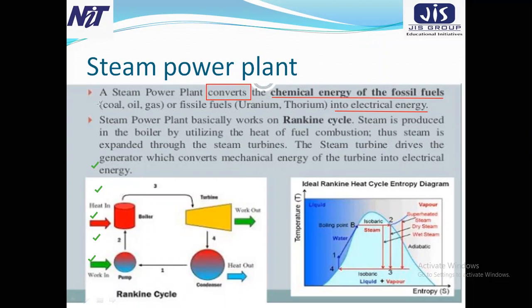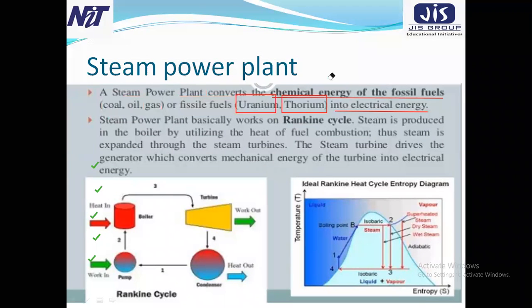The coal, the oil, and different types of gas. Or under the fossil fuels you will get the uranium, the thorium, etc. So converting the chemical energy of the fossil fuels into electrical energy is the main objective of a steam power plant.